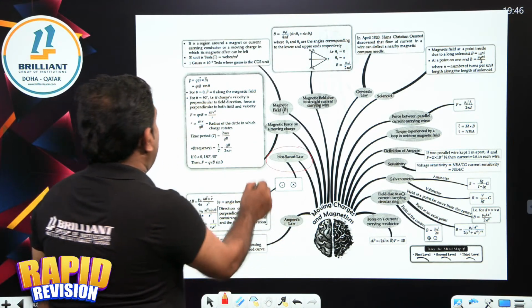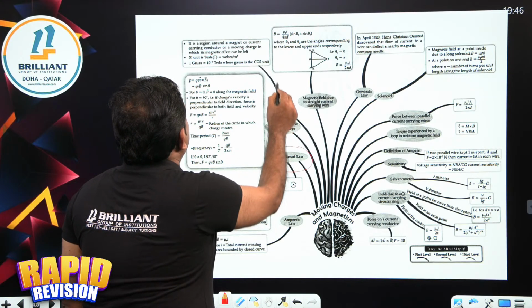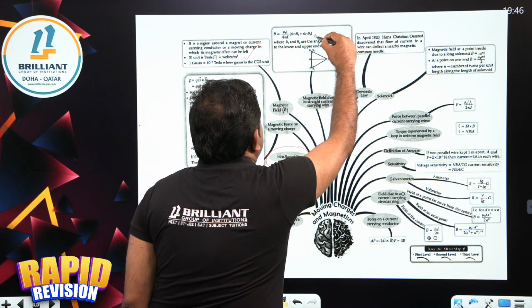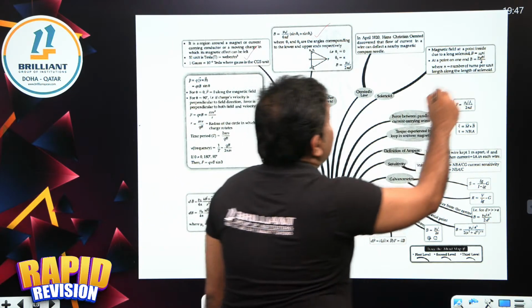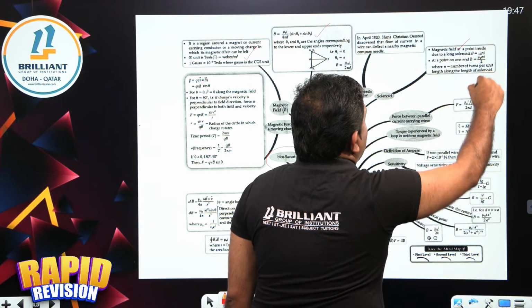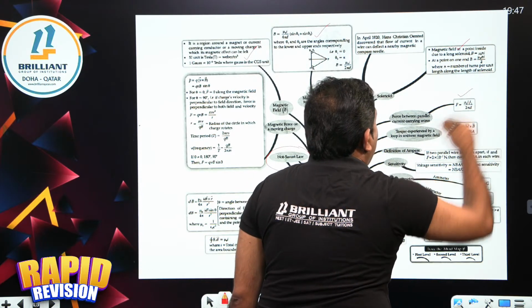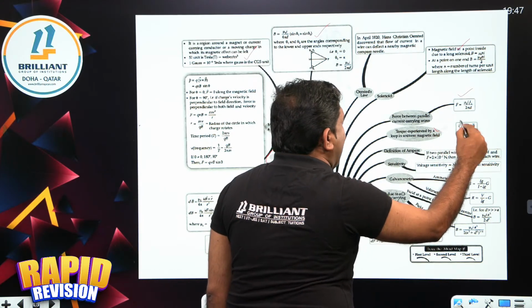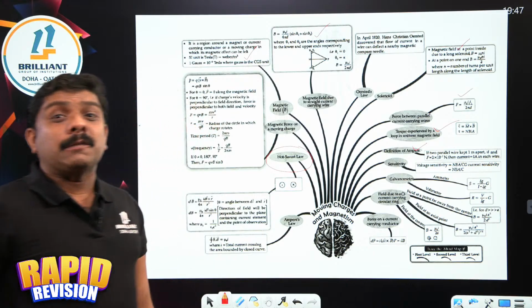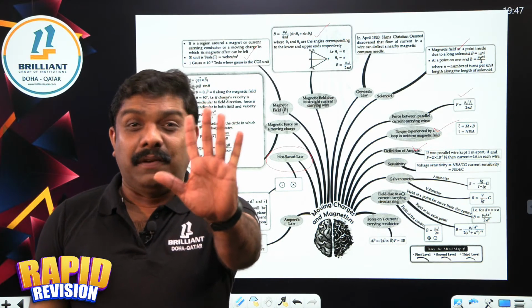In the same manner, there is the magnetic field definition, the magnetic field due to a single wire, the magnetic field at a point due to a solenoid, the force between parallel wires, torque acting, the definition of ampere, and then the expected 5-mark question from this chapter.